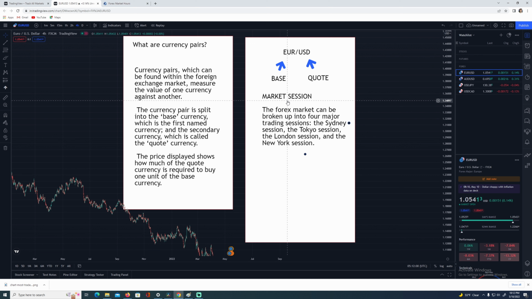Like, there are sessions, and the sessions are broken down into four major sessions. So the forex market can be broken up into four major trading sessions: the Sydney session, the Tokyo session, the London session, and the New York session. Those are going to be the four major sessions that you are going to be trading in.